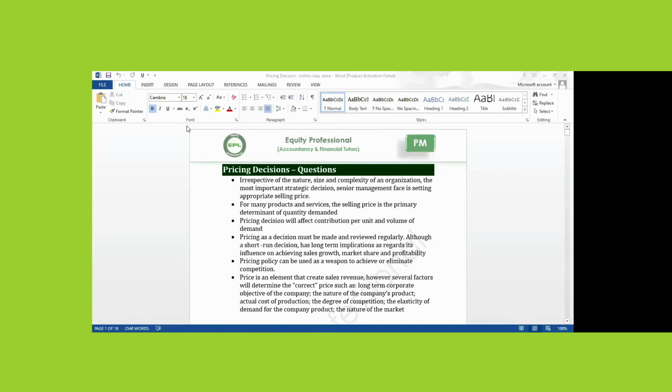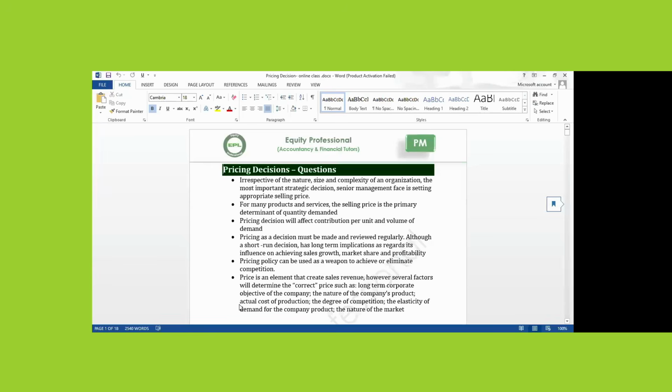Number 3, actual production cost. The actual production cost will affect price of the product.